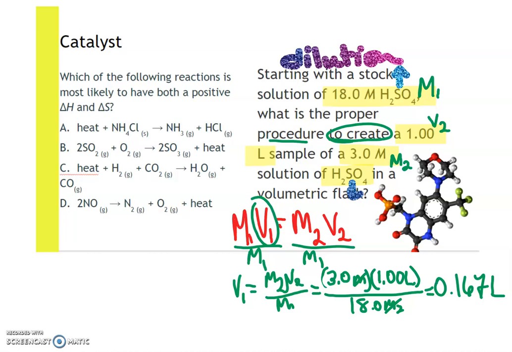So you've got to remember that when you make a solution, you make it in a volumetric flask. If you need a 1 liter solution, then your flask needs to be calibrated for 1 liter.